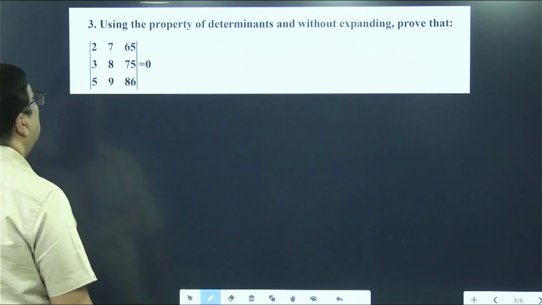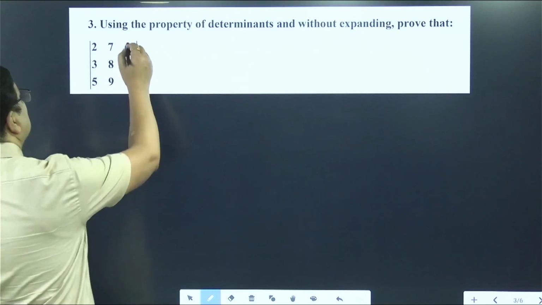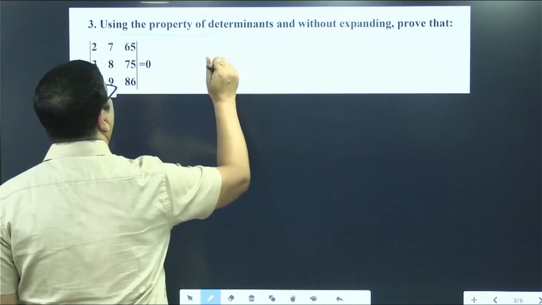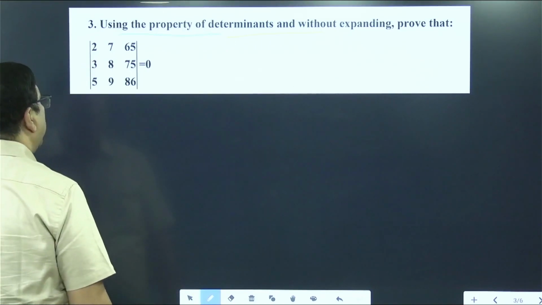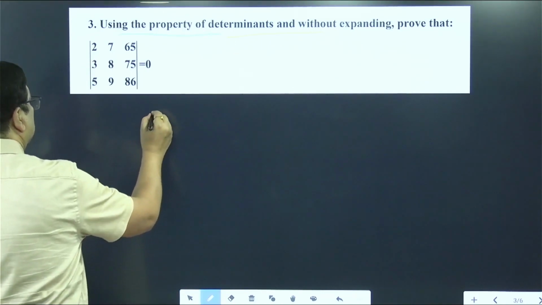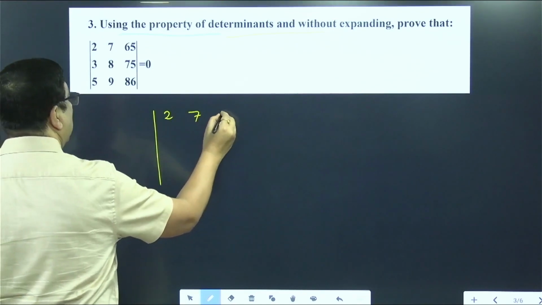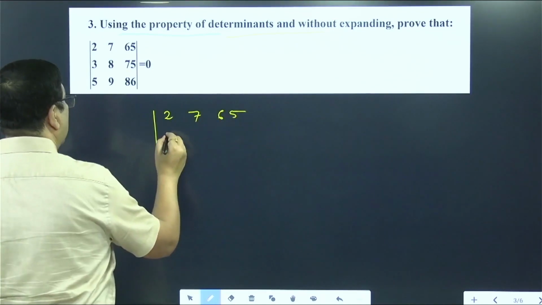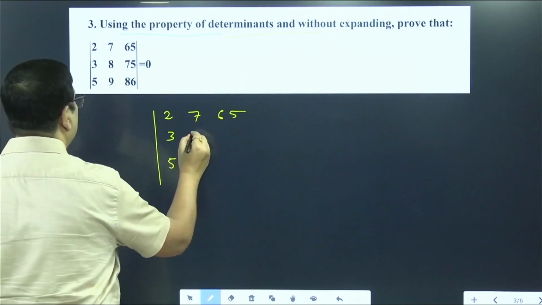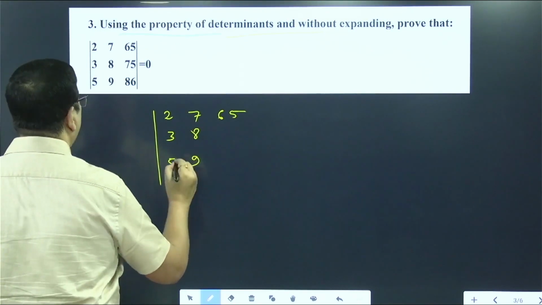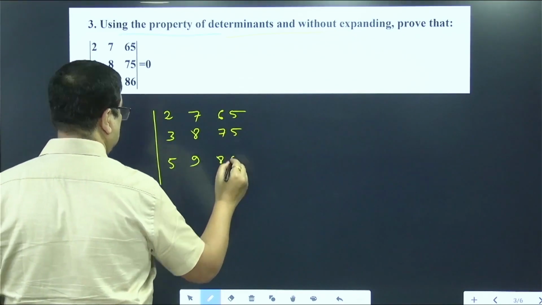In this sum number 3, the expression is totally similar: using the properties of the determinant and without expanding. So let us write this. 2, 7, 65; 3, 8, 75; 5, 9, 86. We have to try to get some similarity.